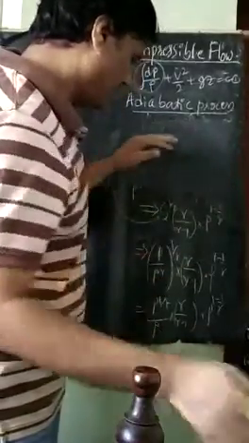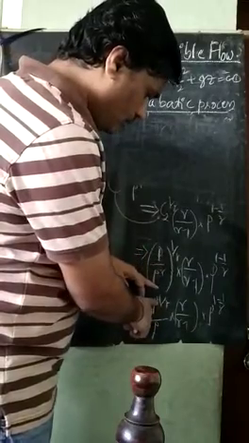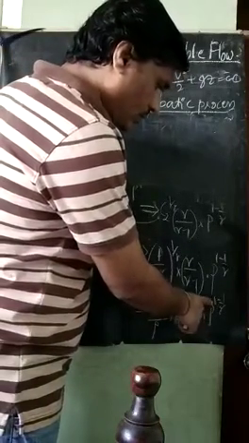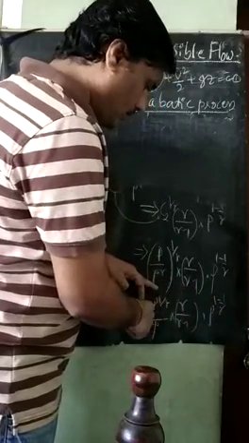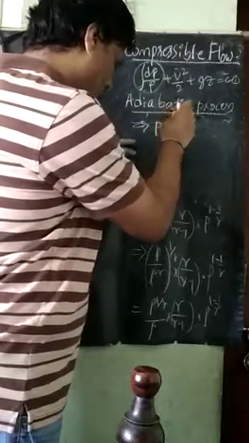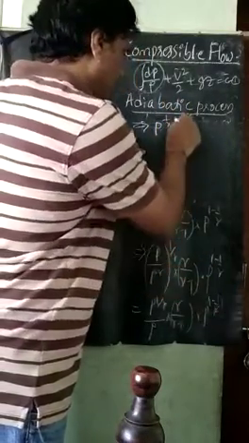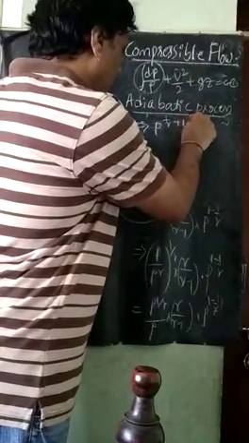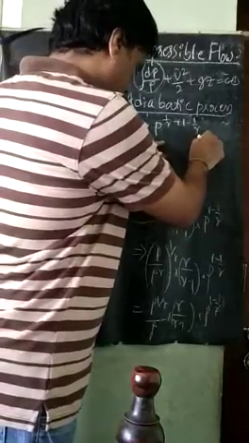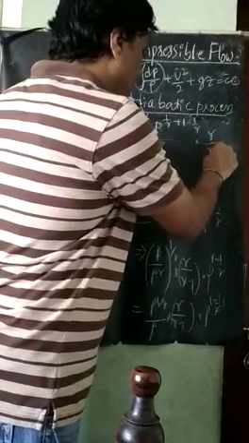So again I can simplify it here now. It is P raised to 1 divided by gamma, and P raised to 1 minus 1 divided by gamma. What will happen here now? This is equal to P raised to 1 divided by gamma plus 1 minus 1 divided by gamma, divided by rho, into gamma divided by gamma minus 1.